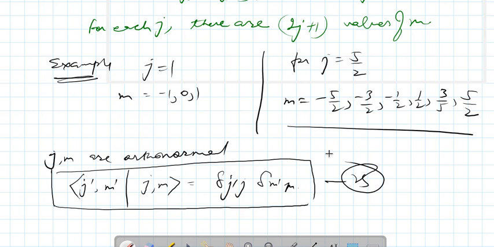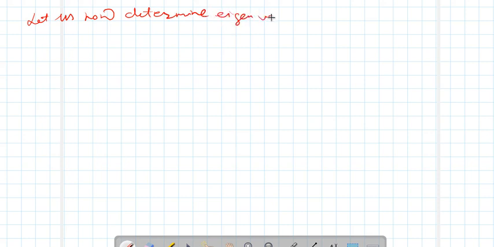Now let us determine the eigenvalues of J plus minus with jm.